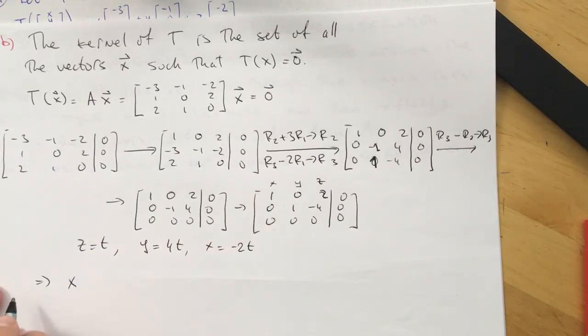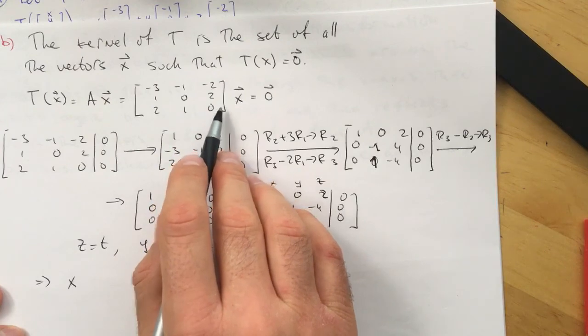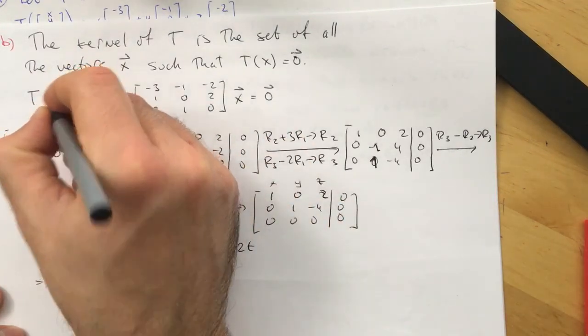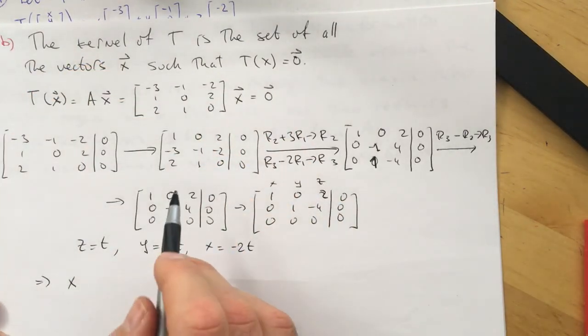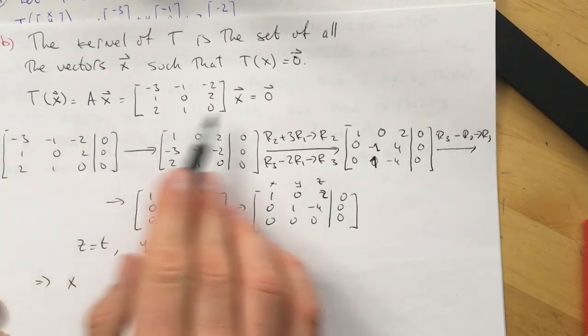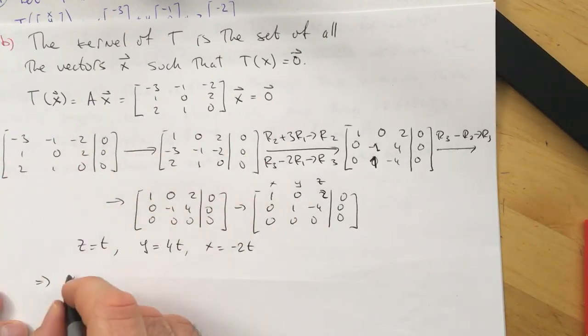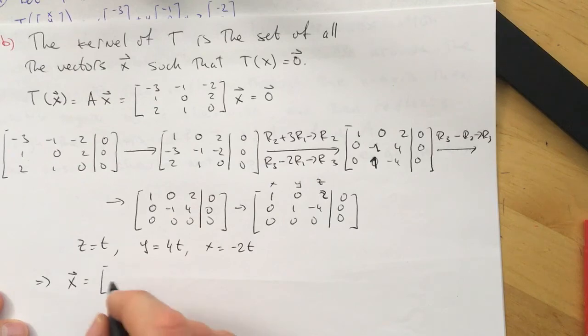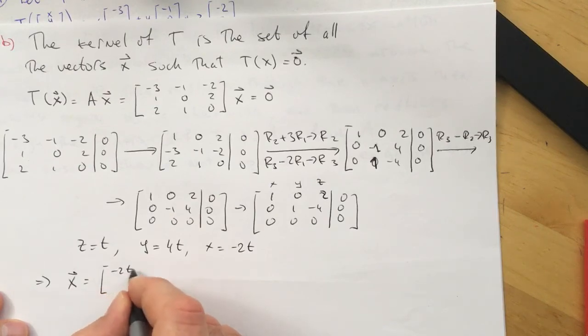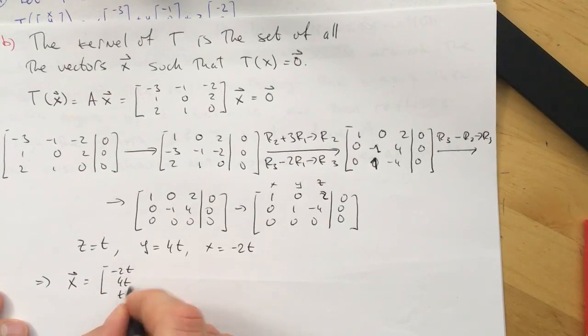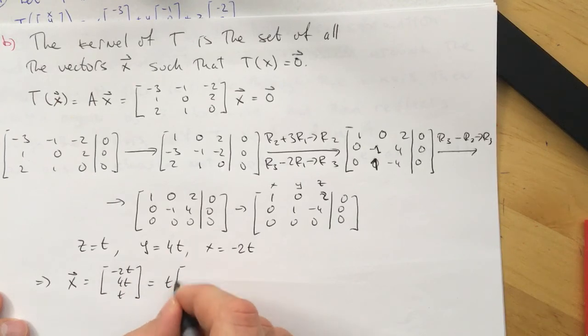So from here, all the x's that satisfy this equation, or in other words, if you observe this through the lens of transformation, all the vectors that are sent to the zero vector through this transformation are the vectors (-2t, 4t, t), or simply t times (-2, 4, 1).